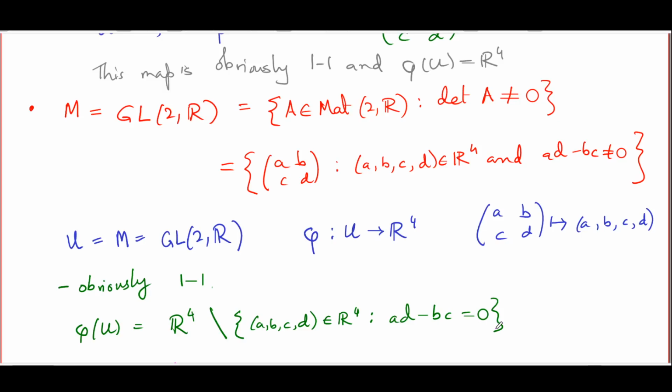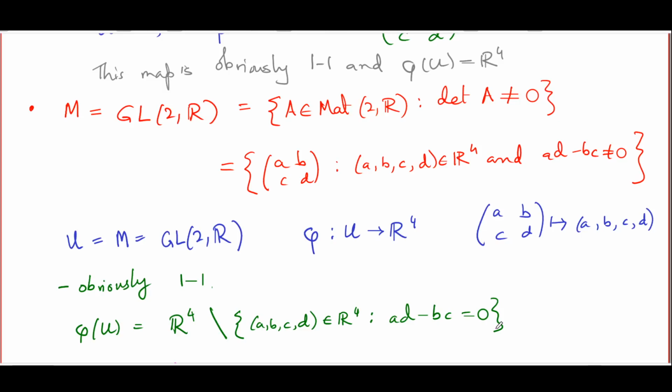And if you take away a hypersurface from R4, what is left is an open set. So we could just use that result and establish that our U comma phi is actually a genuine chart. So if you are familiar with the result that I've quoted right now, or you are not really interested in going through the nitty-gritty details for this particular proof, you can simply skip on to the next example.